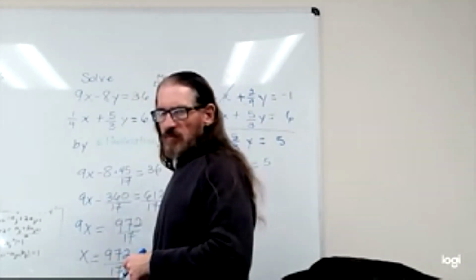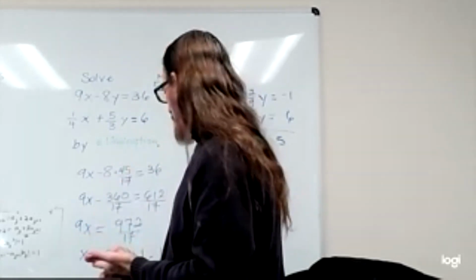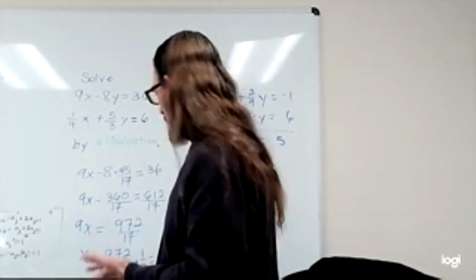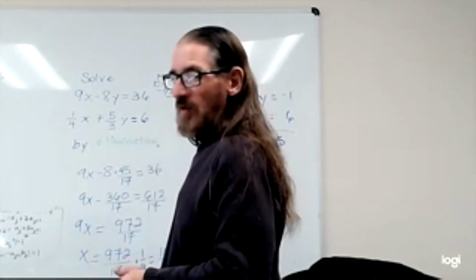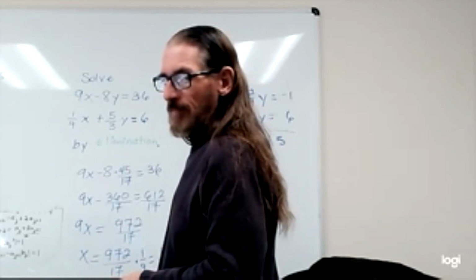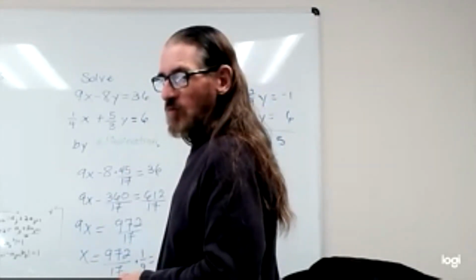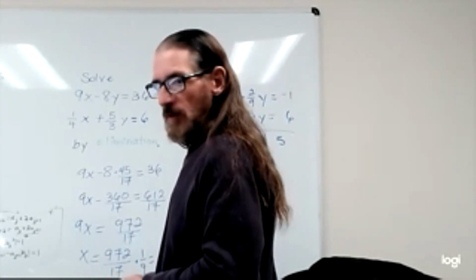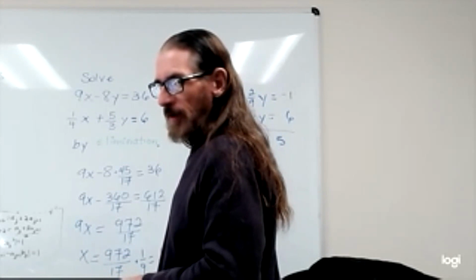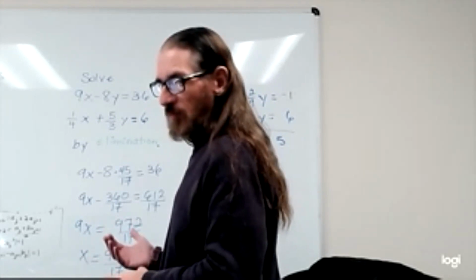So there's the same x coordinate we found by graphing, by substitution, and now by elimination. But we're going to take one more step. And although it'll continue to use elimination, it's going to be written a little bit differently. And hopefully, even though we're still going to have some messy fractions, it's going to make things easier.